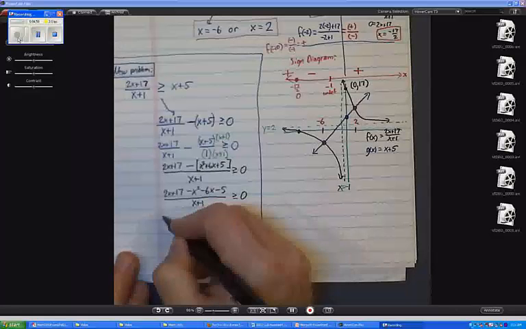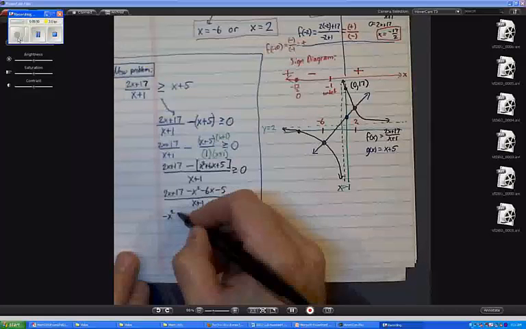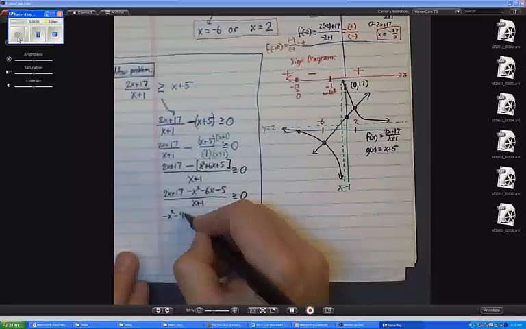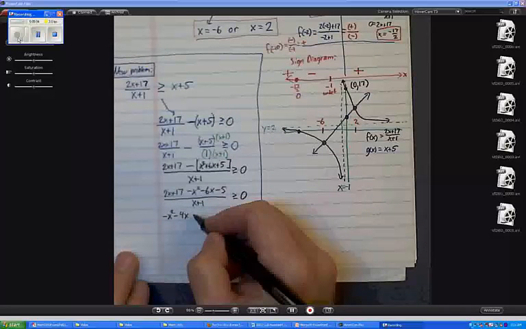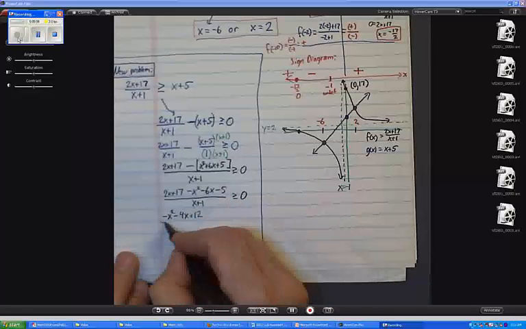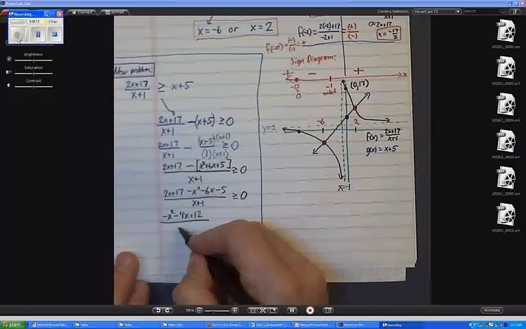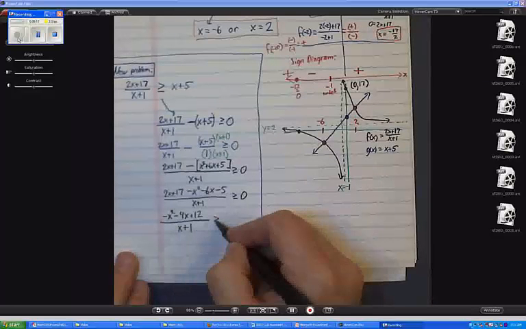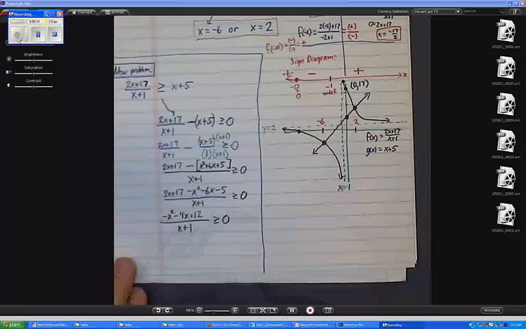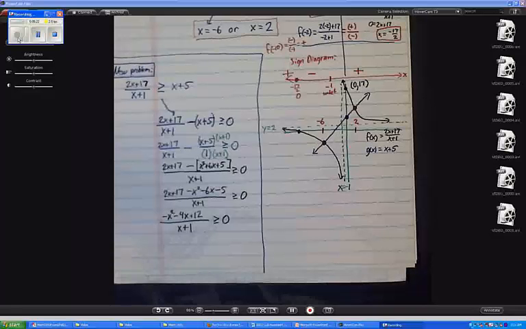We have negative x squared minus 4x plus 12 all over x plus 1 is greater than or equal to 0. You guys with me?